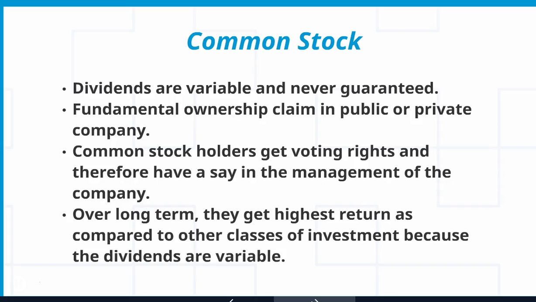Common stockholders get voting rights and therefore have a say in the management of the company. Over the long term, they get the highest return as compared to other classes of investment. This is because their dividends increase as the company does well progressively. So their high risk is paid off with high return.